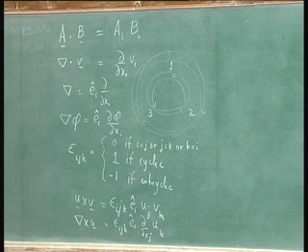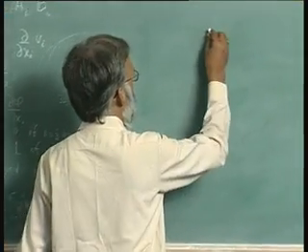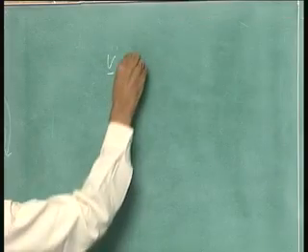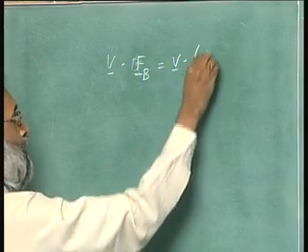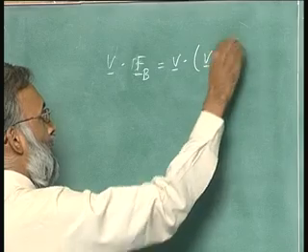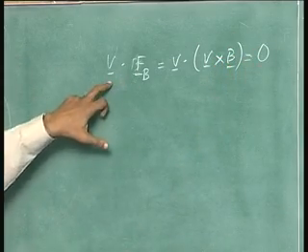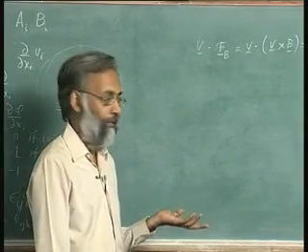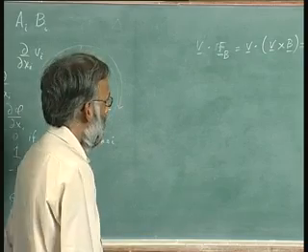We know that the magnetic field cannot do work by itself, because V dot F B, which is equal to V dot V cross B, is equal to 0. So, the magnetic field by itself cannot do any work, and therefore, where did the energy in the magnetic field come from? It had to come from the induced electric field.